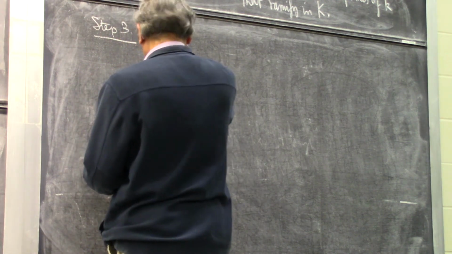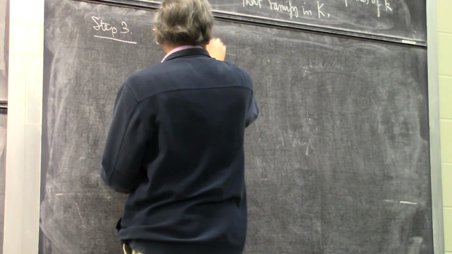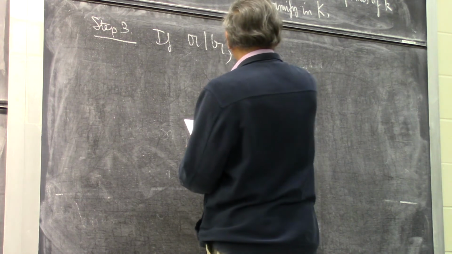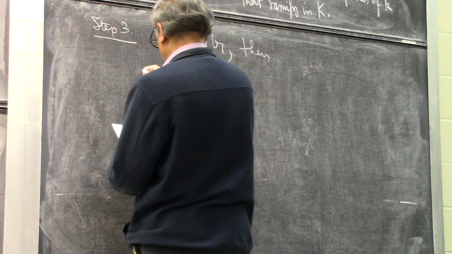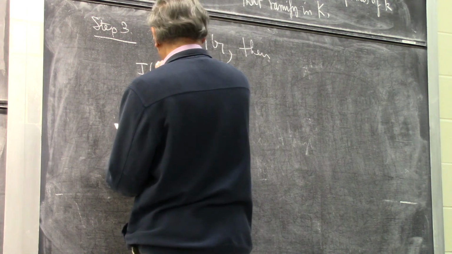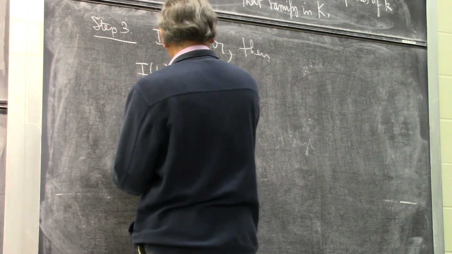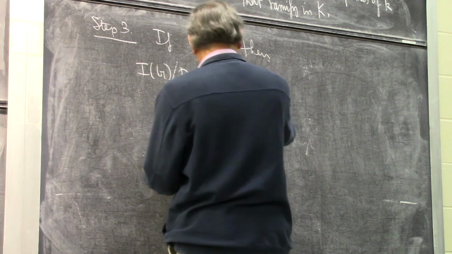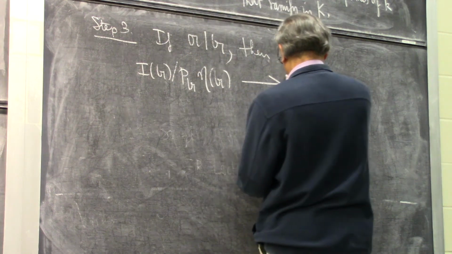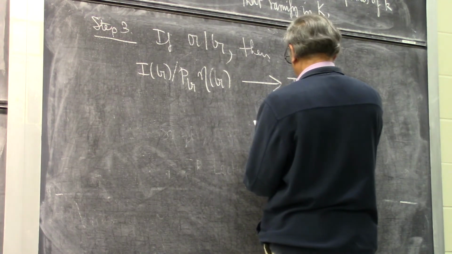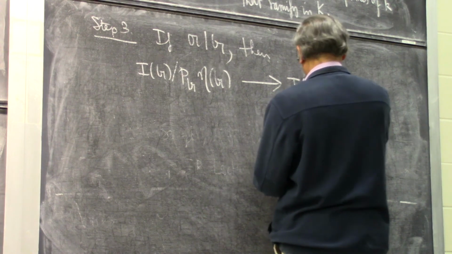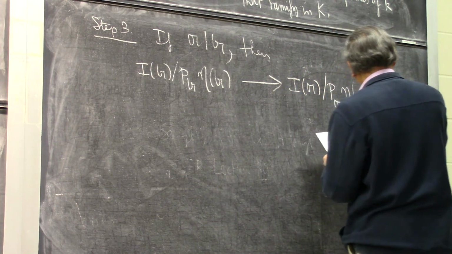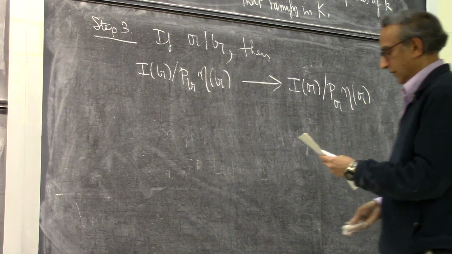If A divides the ideal B, then I_B modulo P_B norm B, the natural map is surjective.